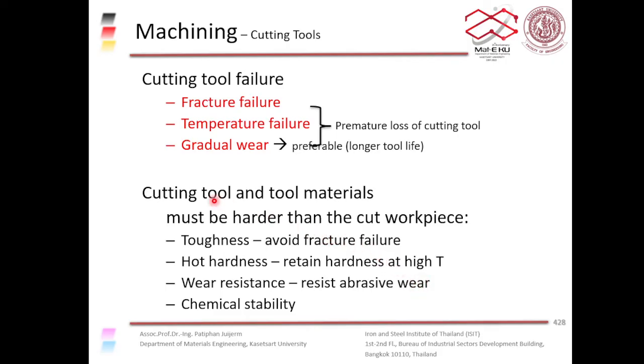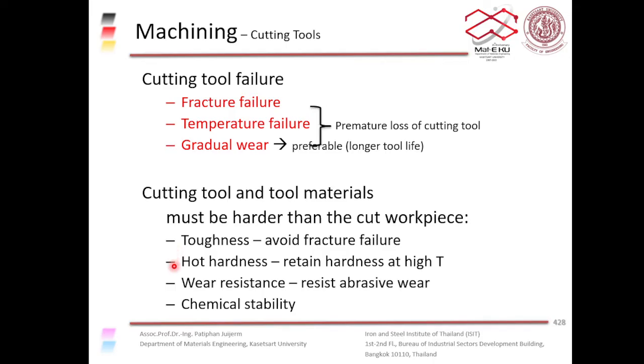Okay, so cutting tool and tool material, like I've briefly mentioned before. The cutting tool material must be harder than the workpiece. It should have good toughness to avoid fracture failure.